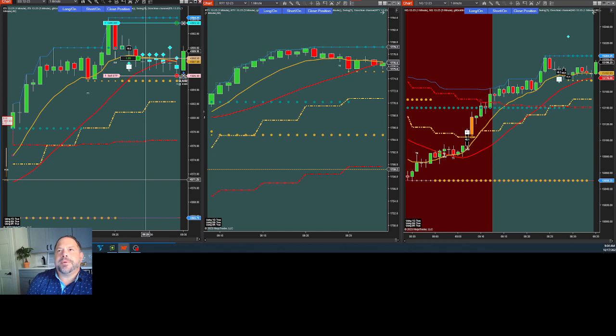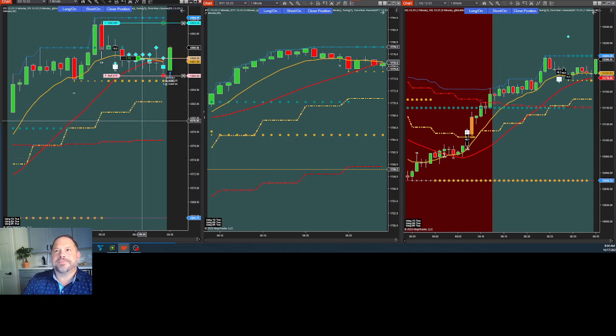Currently, we are green. That's a nice little pump up there. And let's see how the system reacts to this trade. Very interesting. We're up almost $100. There you go. That's 100.